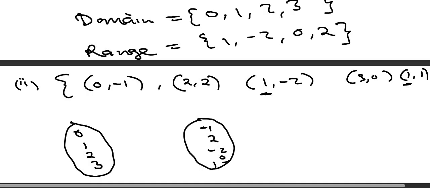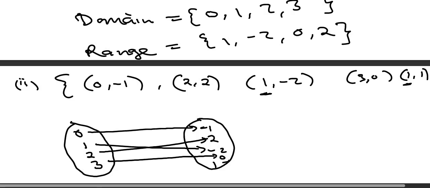So you notice 0 is related to negative 1, then 2 is related to 2, then you have 1 is related to negative 2, then you have 3 is related to 0, then you have 1 is also related to 1. So you see that this is not a one-to-one function.